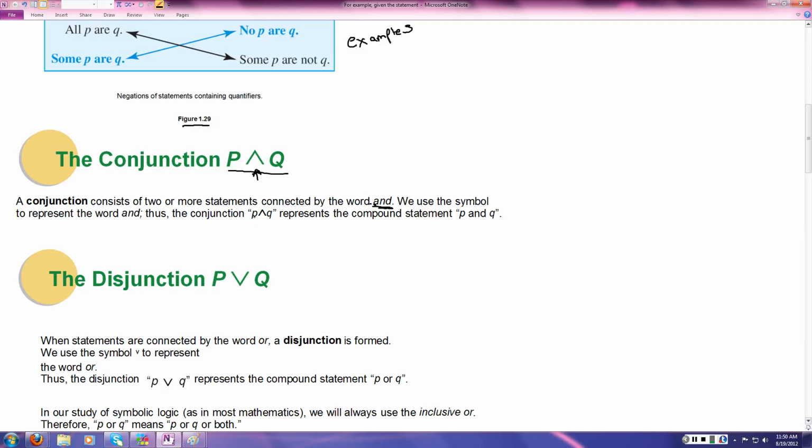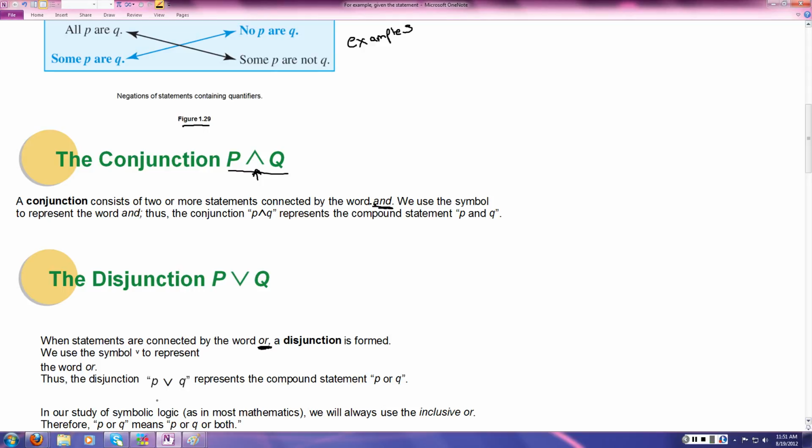So if P was I ate ice cream and Q was I ate cake, then if I wanted to represent that symbolically, I would have P up caret Q, and that would stand for P and Q. Not to get confused with a disjunction, which is a statement connected by the word or.